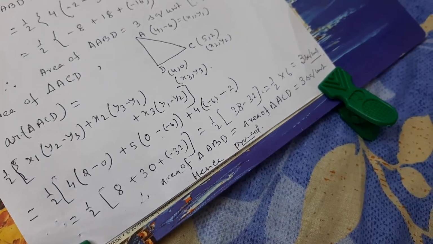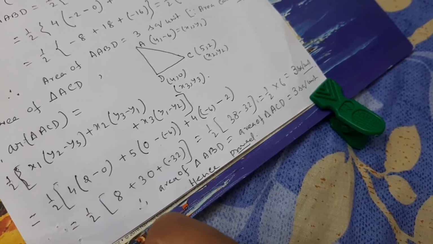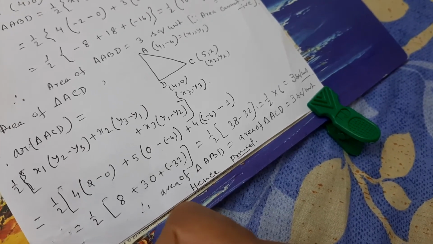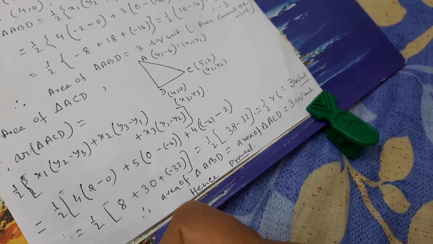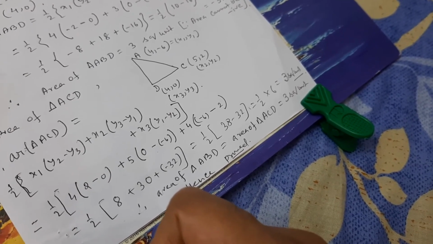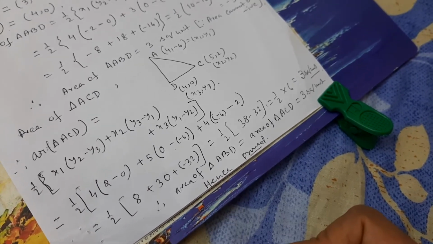Here we proved that a median of a triangle divides it into two triangles of equal areas, because AD is a median, so AD divides the triangle into ABD and ACD and both areas are the same. Hence proved. Thank you.